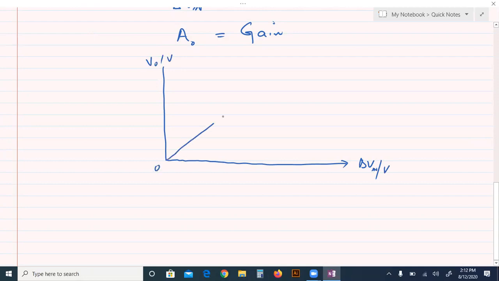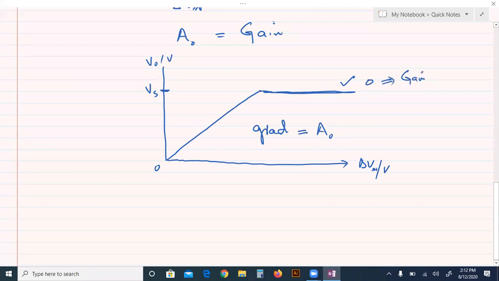Both are directly proportional, but when the output voltage becomes equal to the supply voltage, then it is saturated. So this horizontal line is saturated, and the gradient of this line is gain A naught, and this line has zero gain because it is saturated.